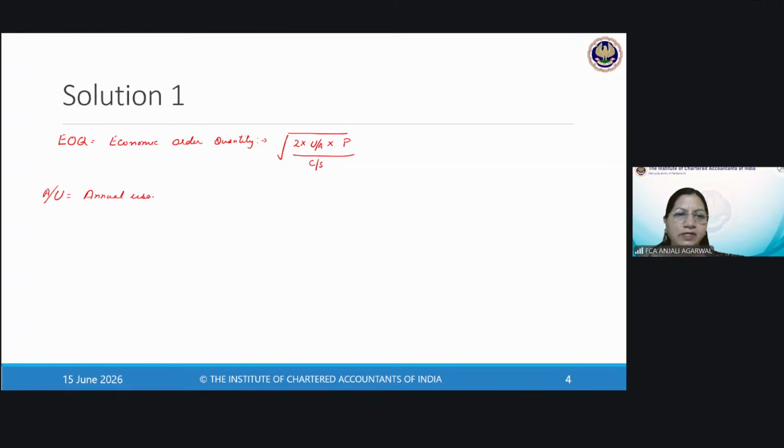So how many units do you require annually? P here stands for cost of placing an order. Whenever you place an order, how much does it cost? And C or S stands for carrying costs, or storing 1 unit for 1 year.